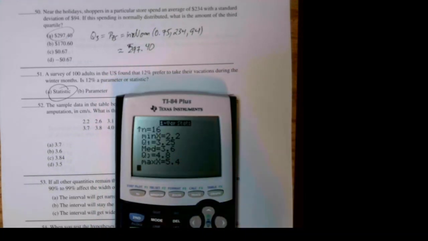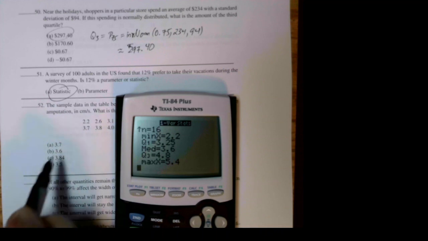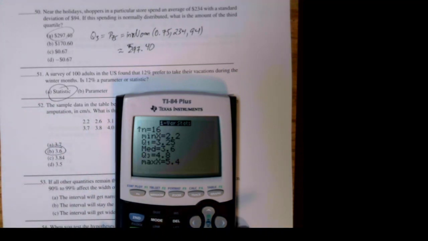And you can see there its median is 3.6. I don't suggest that you do such things by hand. Use the calculator.